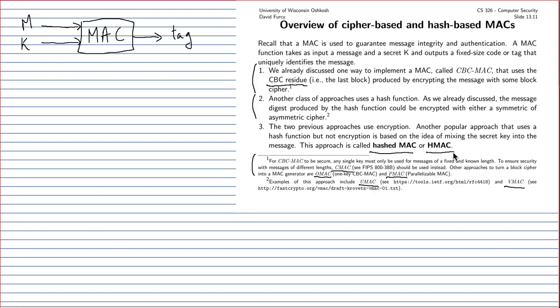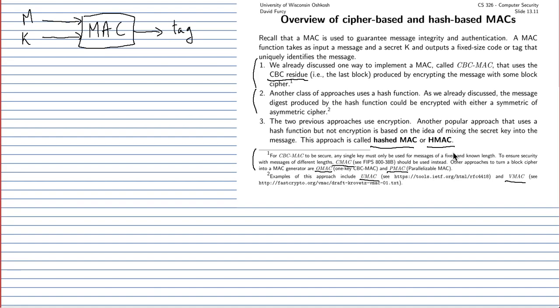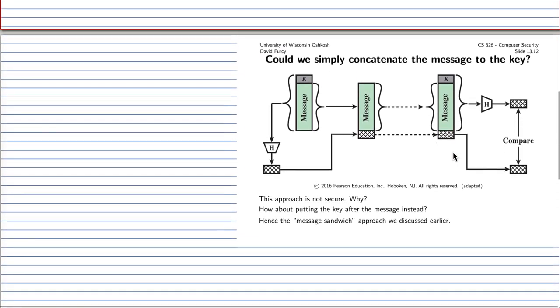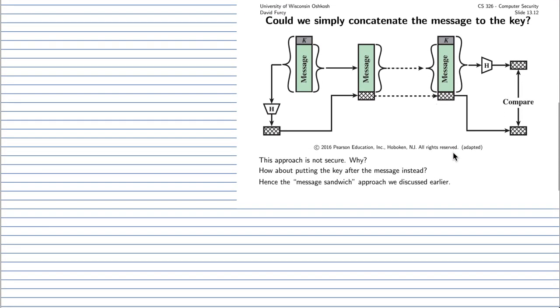But before I do that, let me remind you of one of the previous approaches that we considered earlier. So consider the scenario where Alice is trying to send a message M to Bob. The message is not encrypted at this point, but Bob does care that the message not be tampered with during the transfer and that the sender A be authenticated.